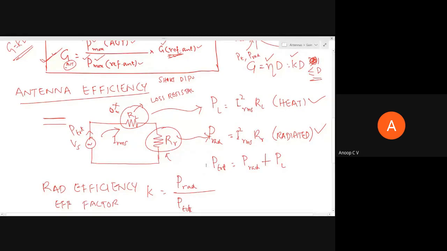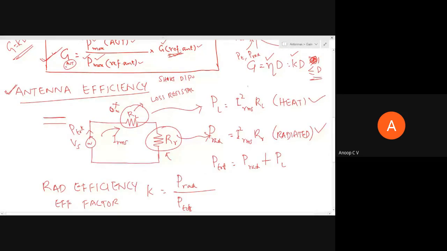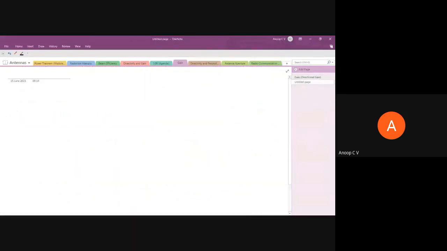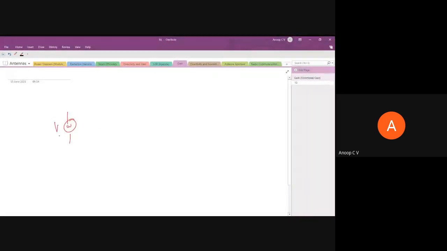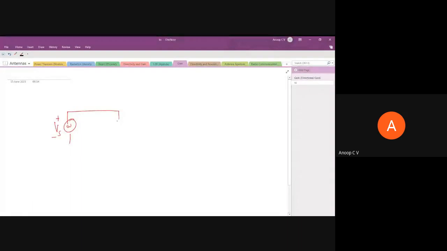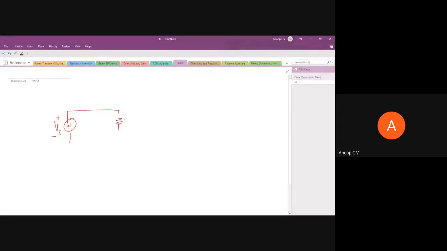So now I can use an equivalent circuit to come up with a mathematical expression for antenna efficiency. Maybe I'll use a new page. Suppose I have an antenna connected to a generator VS. The total antenna resistance includes the loss resistance and the radiation resistance.